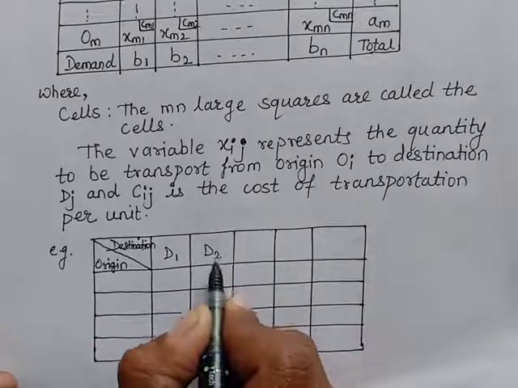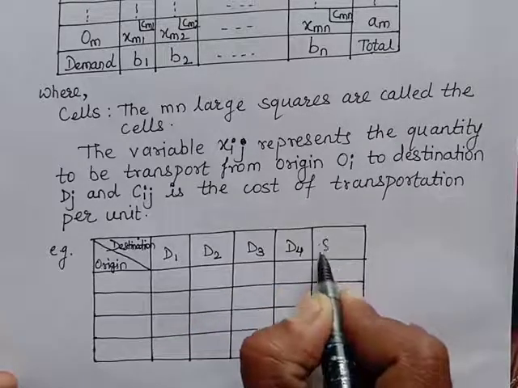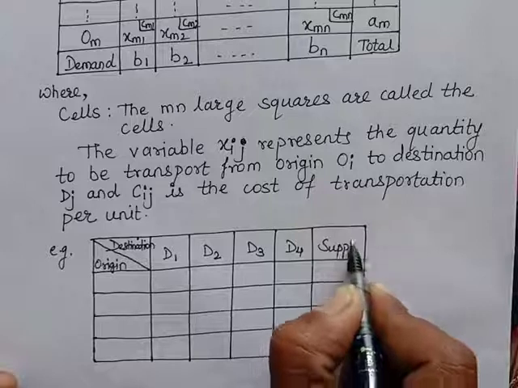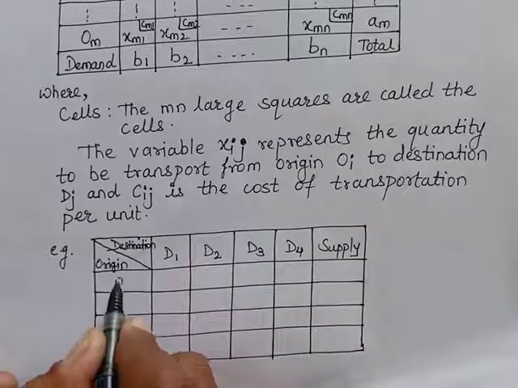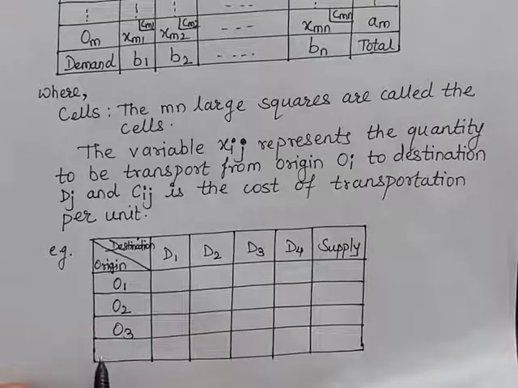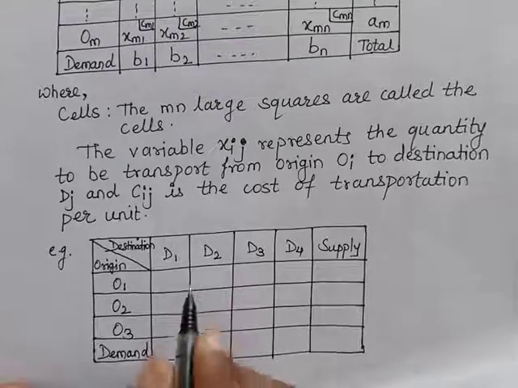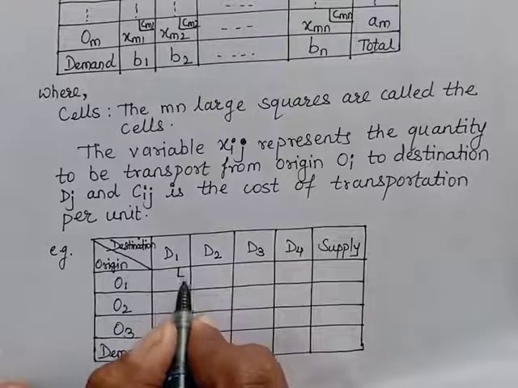D1, D2, D3 and D4. Supply, and origins O1, O2, O3, and demand. Here the costs are given.